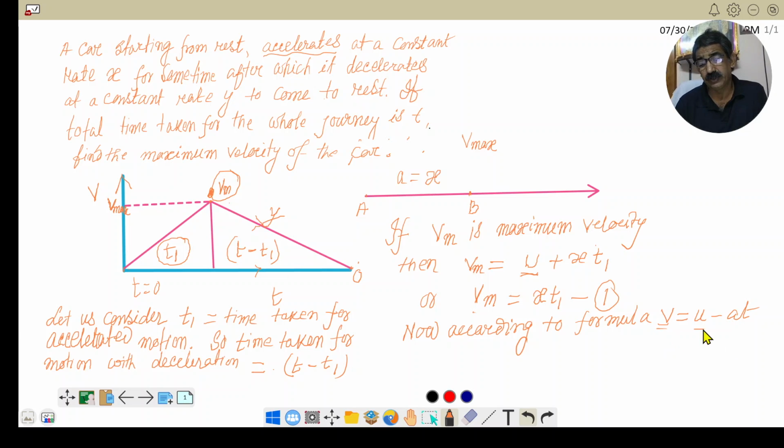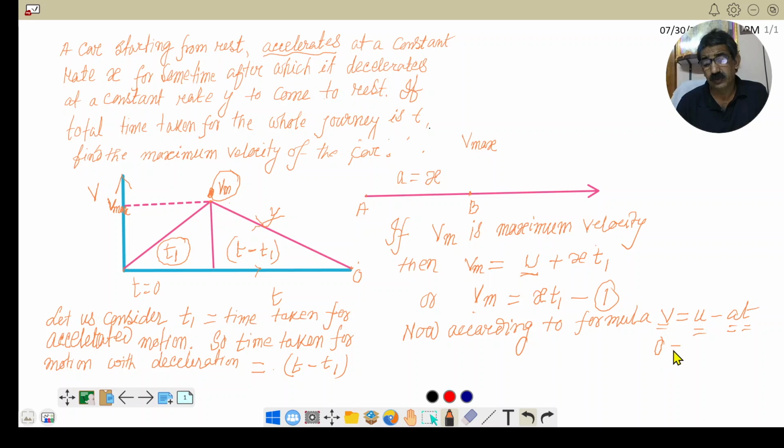Final velocity, initial velocity, acceleration or deceleration, and time. This is the main formula, and in this main formula we are writing different values. The final velocity is equal to 0 for this half only. Now forget about the first half, we are considering this half.